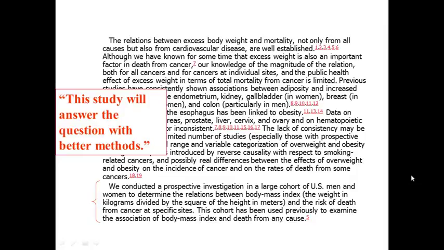They ran a prospective investigation in a large cohort. And they also tell you that this cohort's been used previously, so they're verifying that this is a good data set. They're looking at BMI rather than just arbitrarily categorizing overweight and obesity. They're looking at all these different cancers. Their investigation is prospective. So that's all the ways that they're doing better than the previous studies, and they're hoping to be able to answer some of these questions.